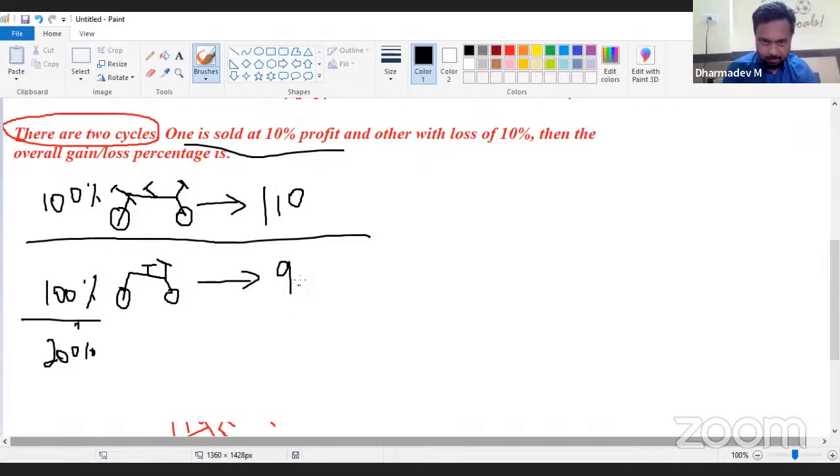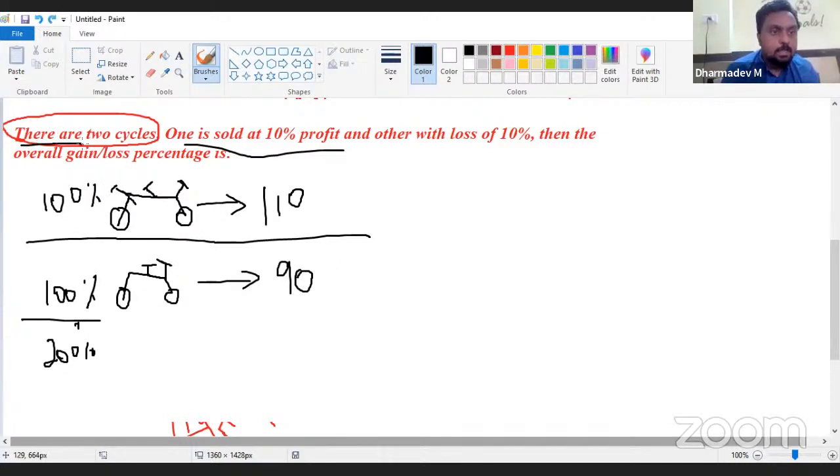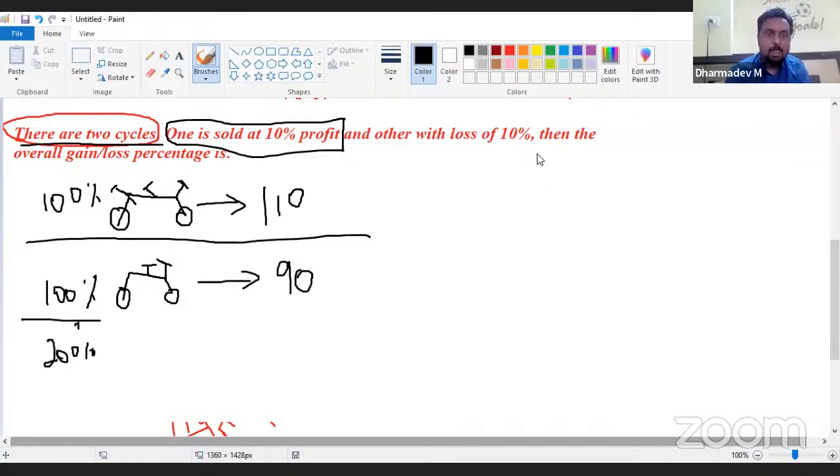That means 90. No, Lucas. Please, I'm no more getting you, sir. There are 2 cycles. One is sold with 10% profit. That means how many percentage is it? Yes, David, 110. 10% profit on 100 is 110.